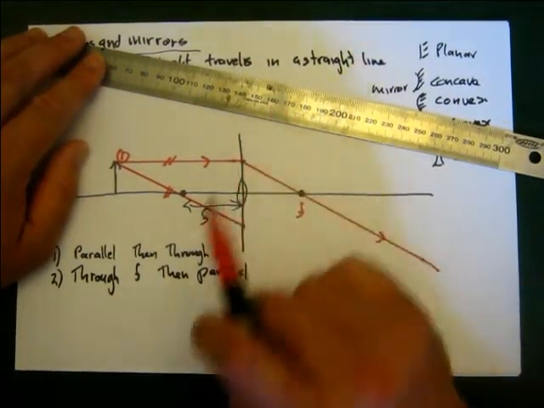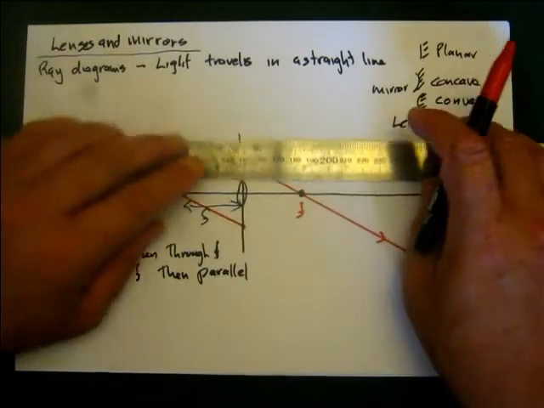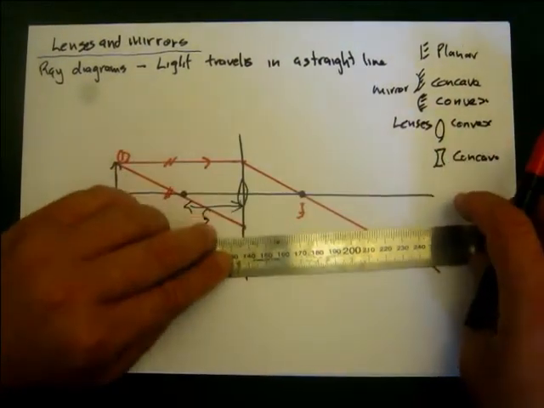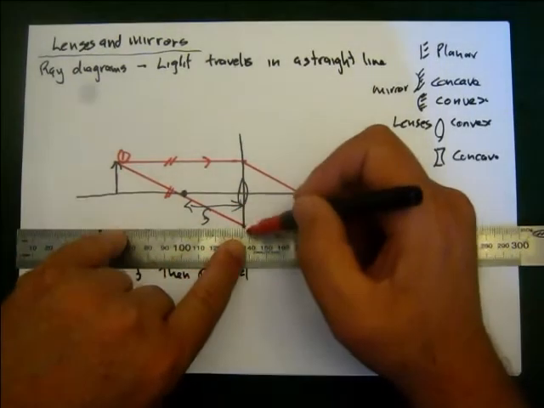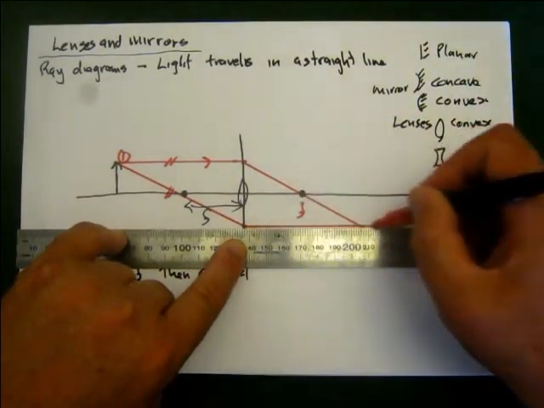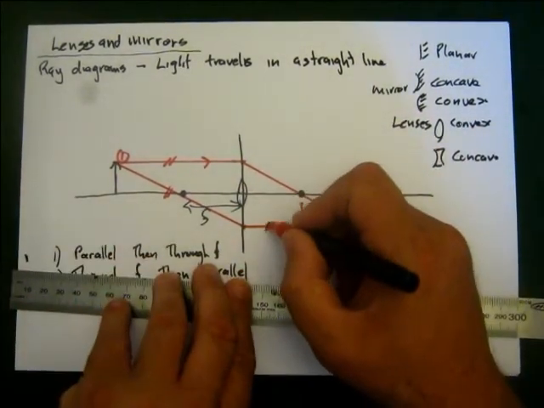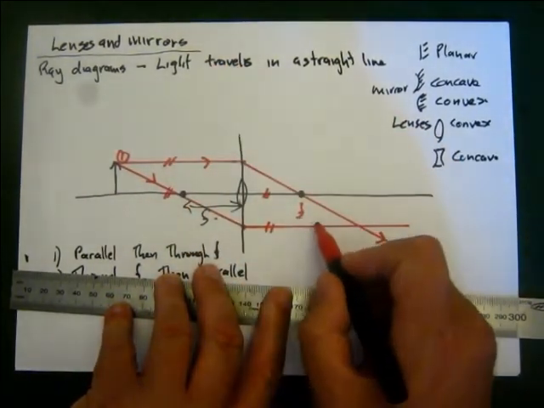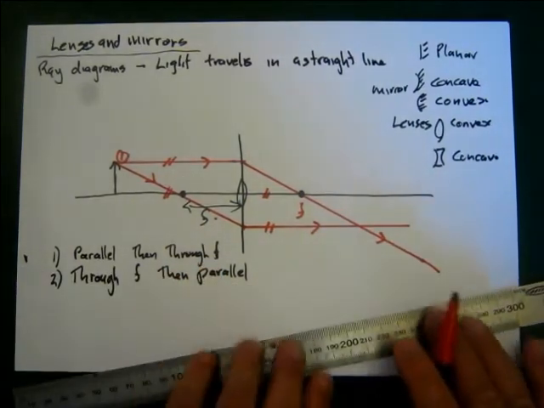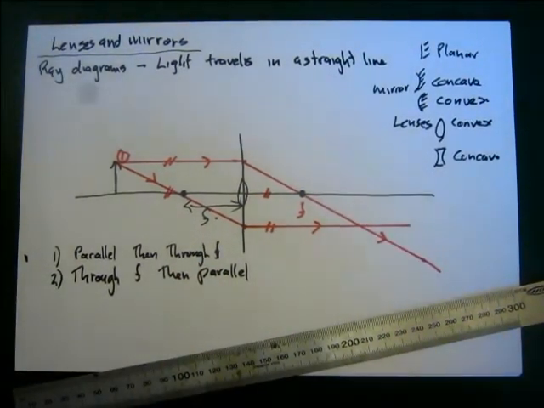Notice I'm not really worried about the lens shape here, I just draw it to the line of action. Then I will draw it parallel. So once it hits this line of action, then it goes parallel. So it goes down here and along here.